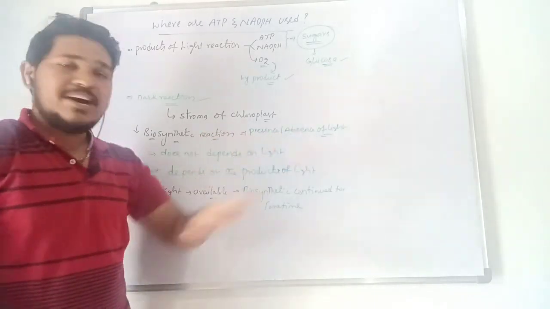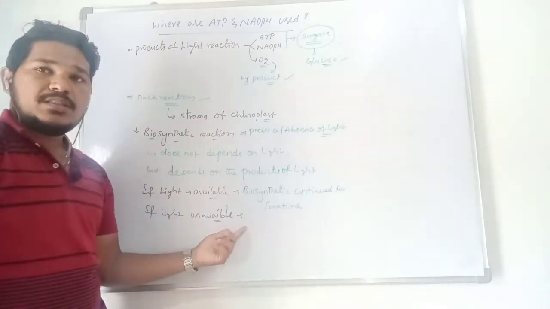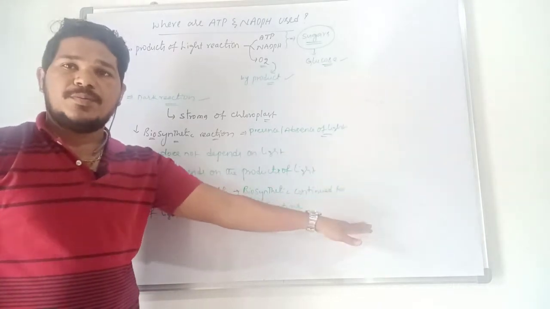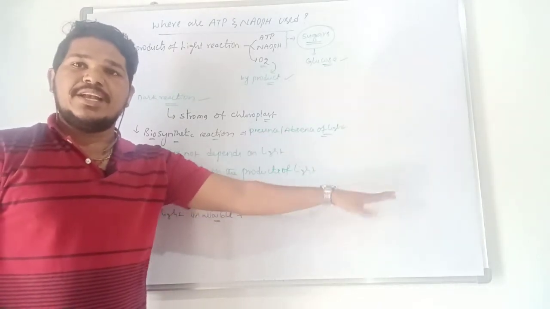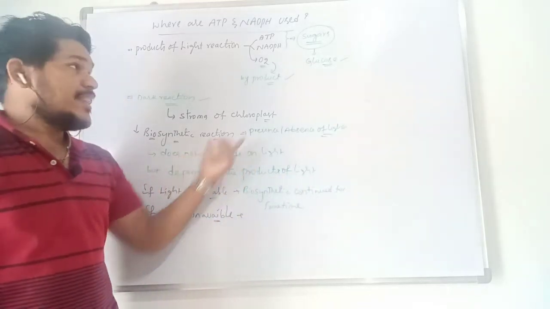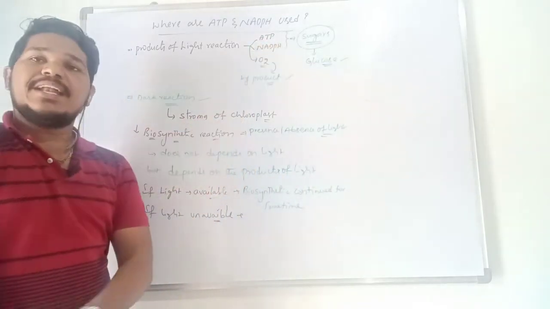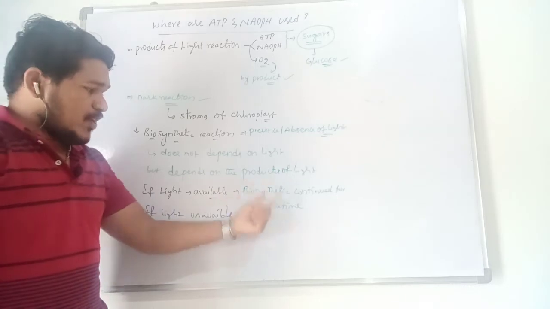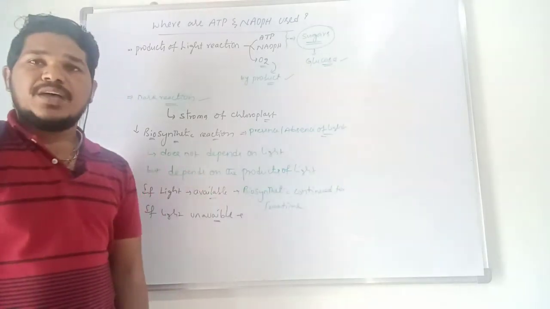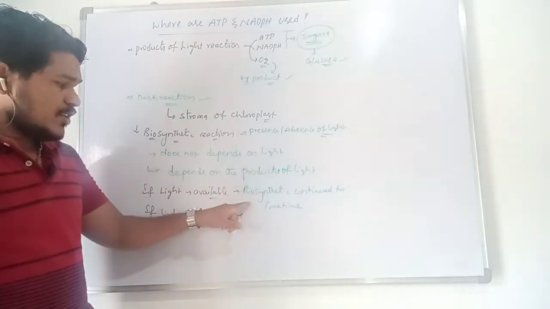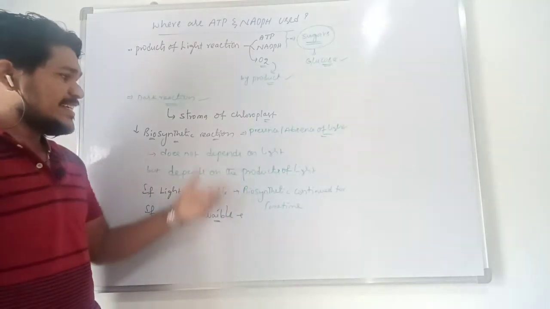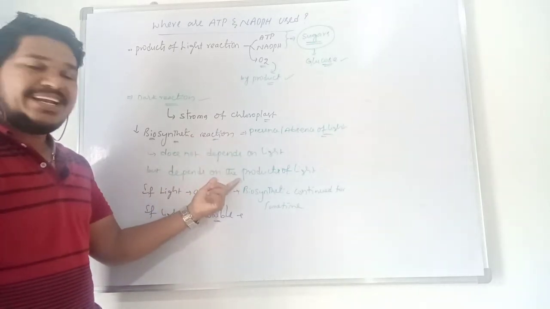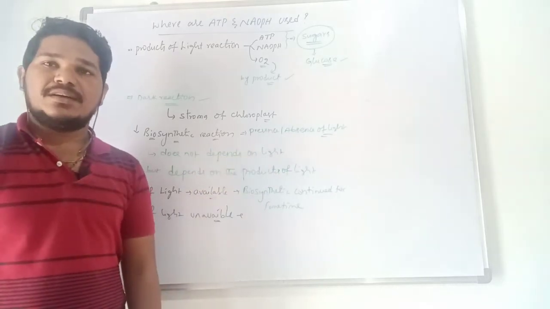The biosynthetic reactions occur in the stroma in the presence or absence of light, meaning the synthesis of food materials continues by utilizing ATP and NADPH molecules. The biosynthetic phase depends only on the products of light reaction. It does not directly depend on the light.